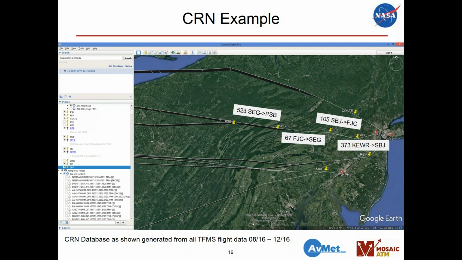What is the time bound used for determination of frequency? In this case, we are simply using the total count of flights that filed and flew those routes during the last 5 months of 2016. The numbers I've got up on the screen show the total number that used those route segments during those 5 months.